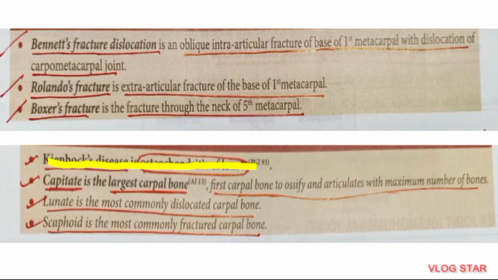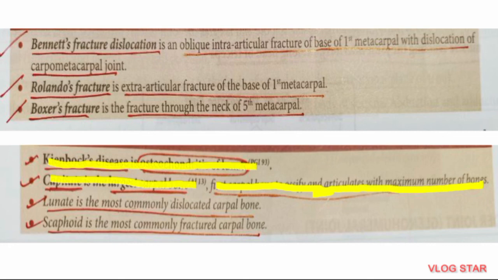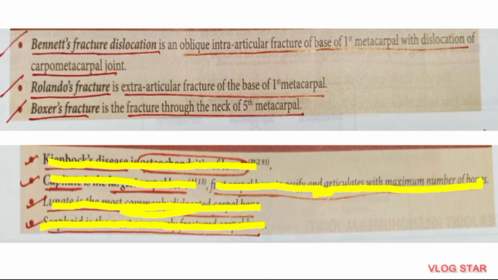Capitate is the largest carpal bone. The first carpal bone to ossify and articulate with the maximum number of bones is the capitate. Lunate is the most commonly dislocated carpal bone. Scaphoid is the most commonly fractured carpal bone.